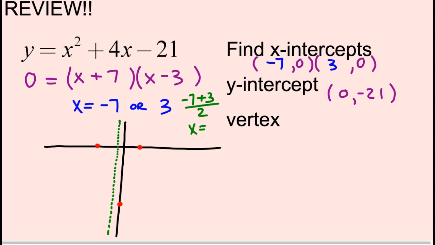So x equals negative 2 is my axis of symmetry. That's also the x value of my vertex. So now if I put negative 2 into the function and I evaluate for y, I'm going to get 5 times negative 5, which is negative 25. And that seems to make sense because I have my y-intercept down there anyways, so now I know my vertex.